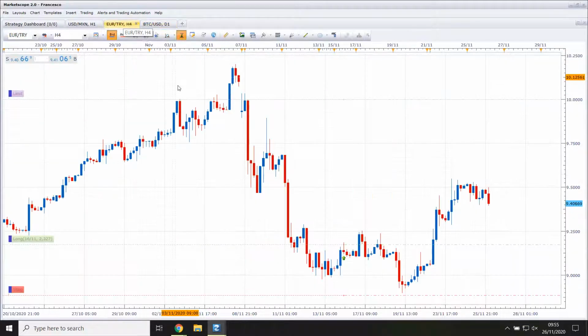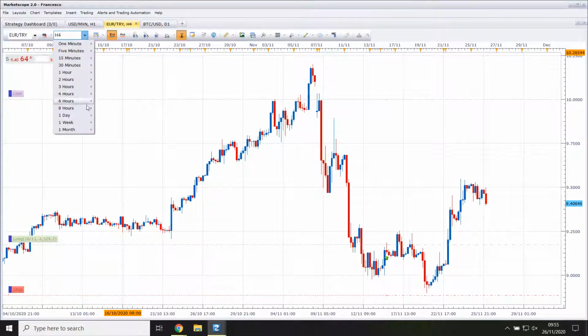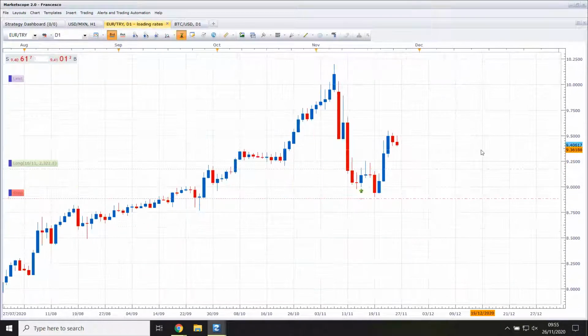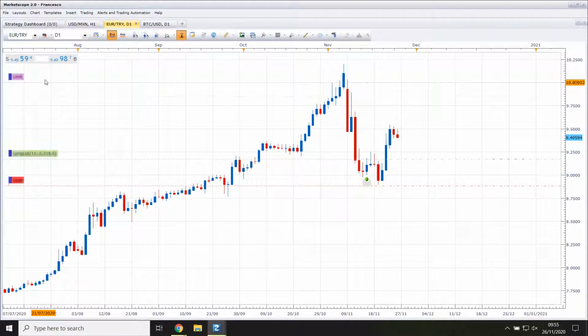For EURTRY, my target is set, on the daily again, here. Limit is up at basically 10,000, sort of up there, just before that high in early November. And so if the trend traces back to its longs, then that will hit it comfortably.